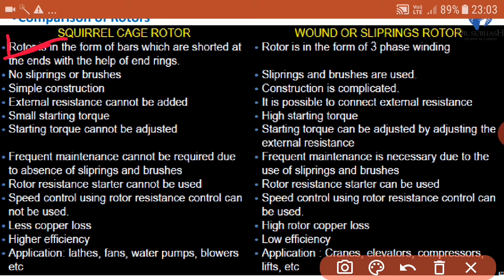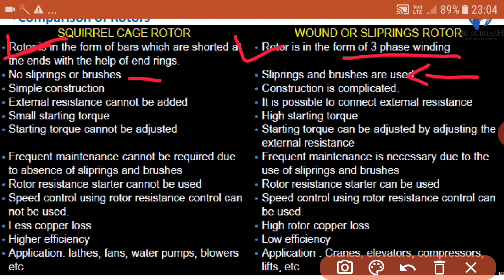We have seen in the construction figure. In other words, a slip ring rotor is in the form of three-phase winding. No slip rings or brushes are there in the squirrel cage motor, and slip rings and brushes are present in the slip ring motor.